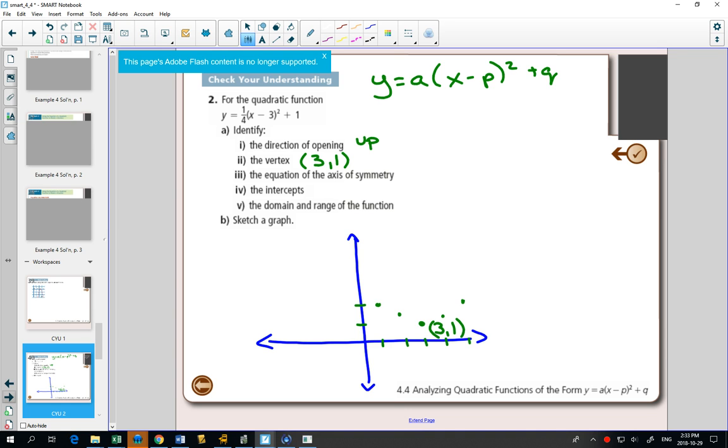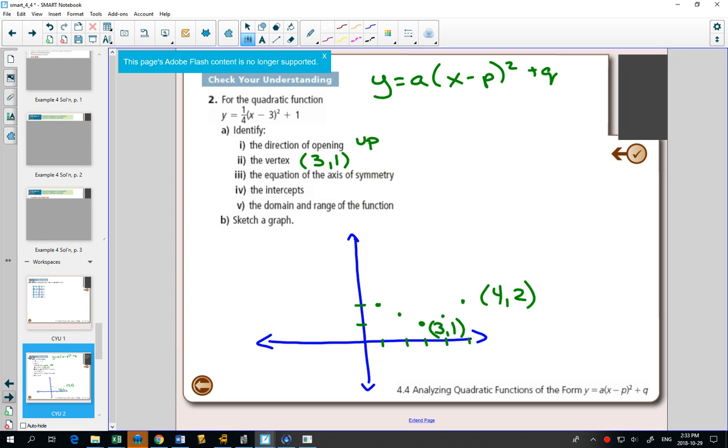Now I'm dealing with fractions, so that gets a little bit tricky. Maybe I would like to plug in a value that would be easy to calculate. For example, can you see that if I plug in 5, 5 minus 3 is 2, 2 squared is 4, times 1/4 would be 1, plus 1 would be 2. It's a lot of mental math all at once.